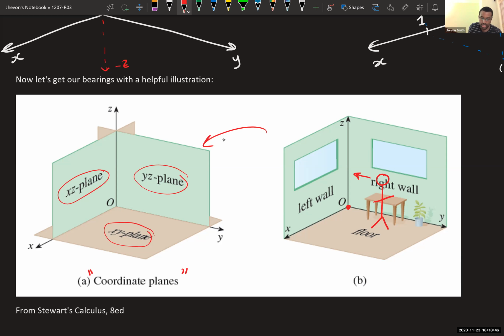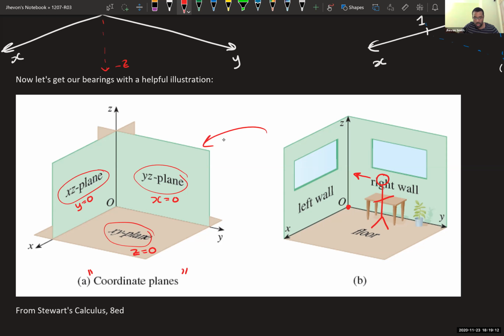So the yz plane can be thought of as the plane x equals 0. The xz plane can be thought of as the plane y equals 0. Every point along that wall, the y coordinate is going to be 0. The xy plane has the equation z equals 0, so everywhere where z equals 0 will be the floor. So this is the xy plane.